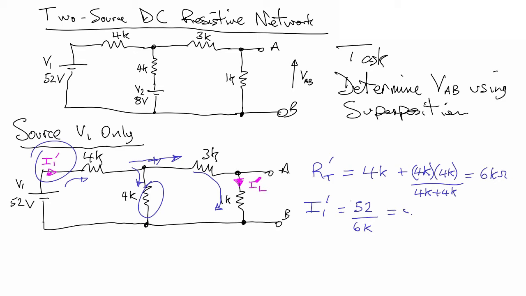Of course, we're going to have 8.666 recurring. So recurring, we put a dot over the 6, milliamps. Great. Okay, so what we've decided is that we've now got a current flowing down this leg here, which is 8.6 milliamps. And that is going to be shared that way and that way.